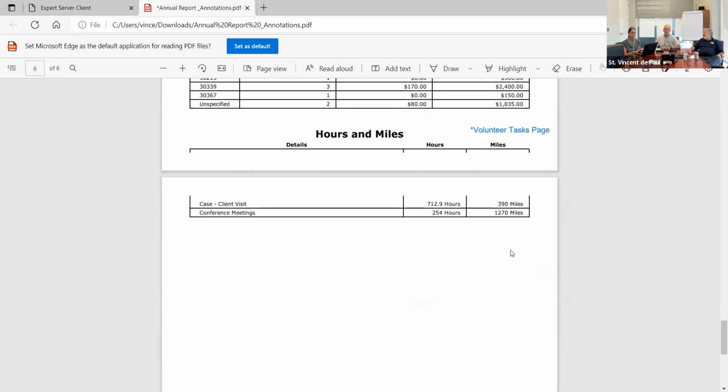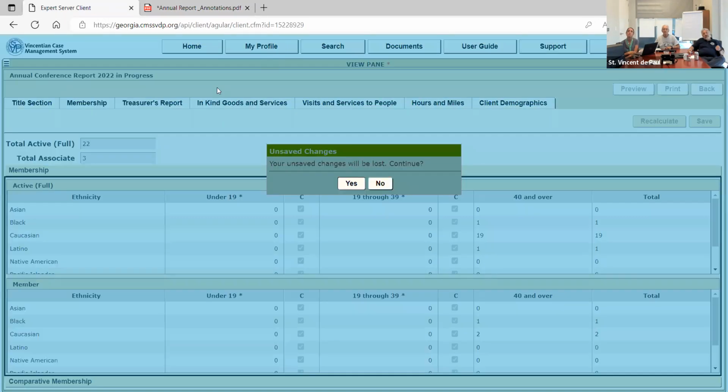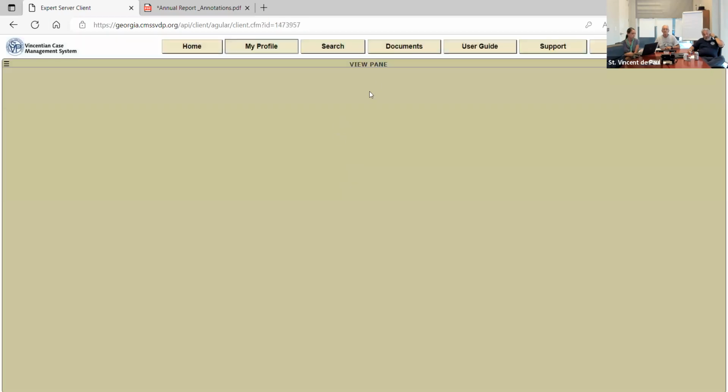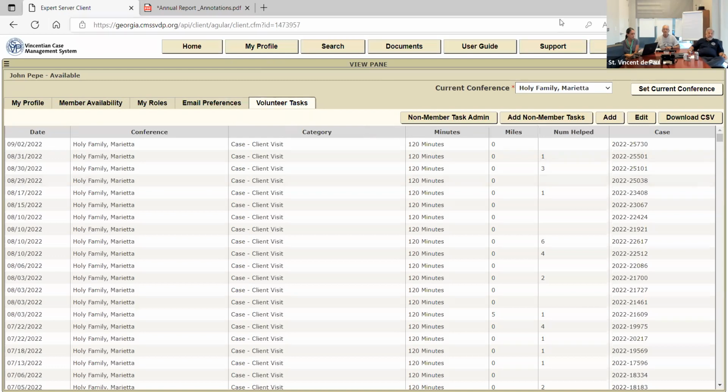Okay. And then the hours and miles report. This one, a lot of confusion around this. Got asked a lot of questions about how do I change this? How do I add more hours and miles? Well, the way you do that is you go to my profile, you go to volunteer task, and you add.